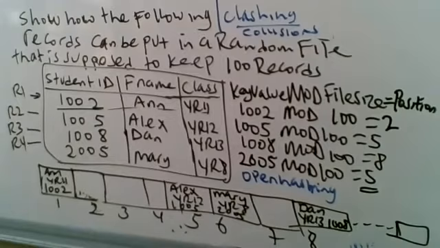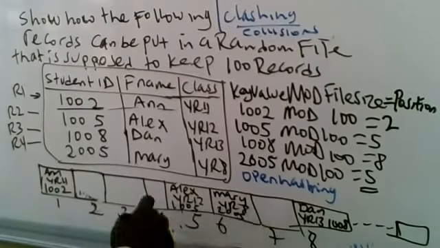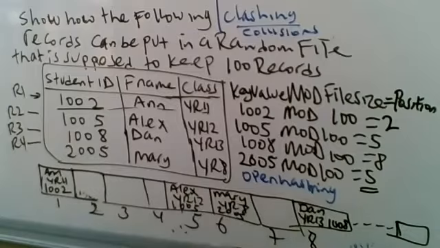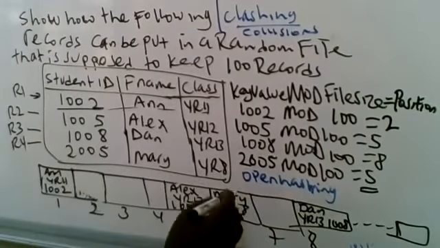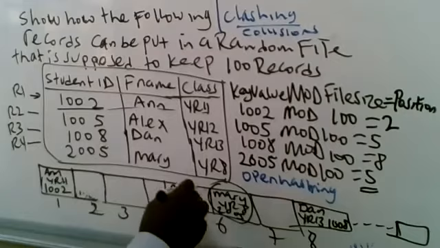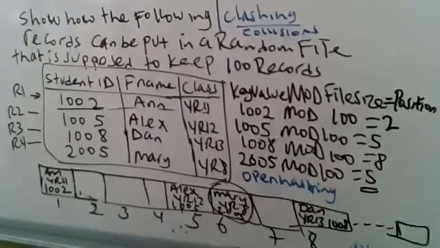The second method it could use is if it finds that, for example, let's assume all positions are taken up and Mary cannot fit anywhere. In that case, it can apply another method where it gets Mary's record and copies it into an extra memory space.